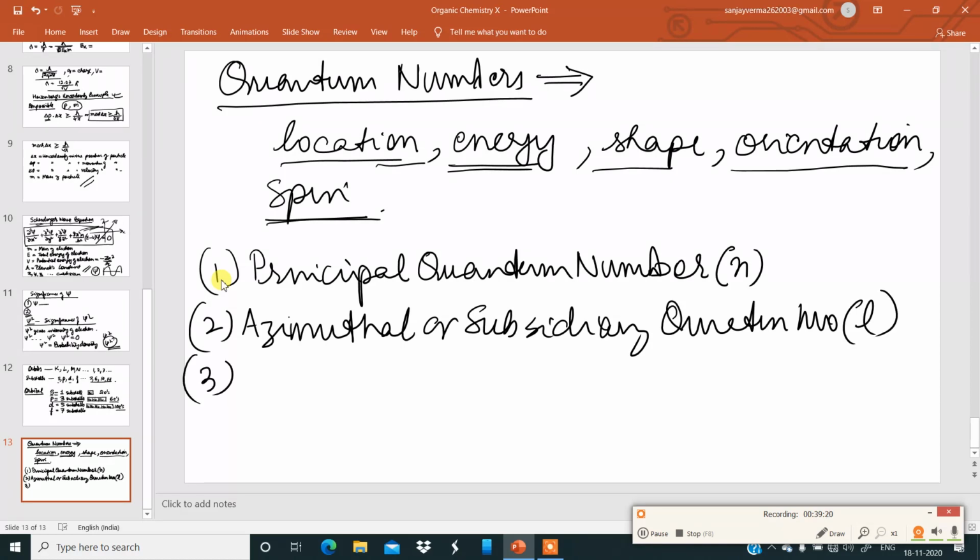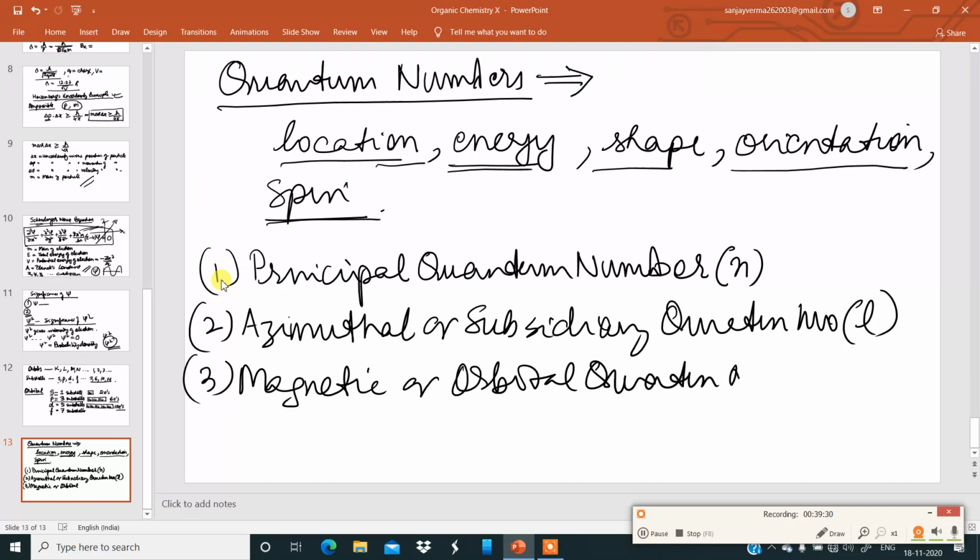The third one is magnetic or orbital quantum number, represented by m, or sometimes we write it as ml. Basically it is m.